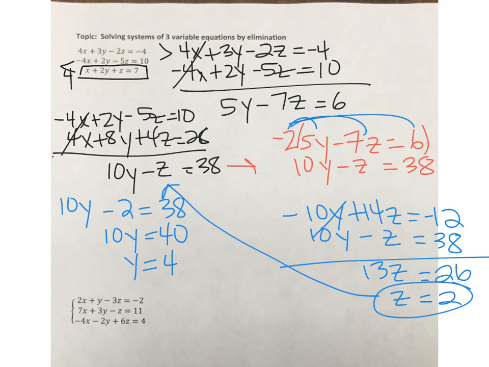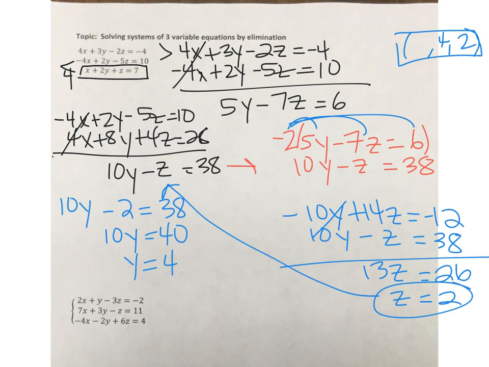So far my final answer, I'm going to put it up here at the top. I don't have an x yet. My y is 4. My z is 2. So now we just need to go searching for the x. We can plug y and z into any of the equations.